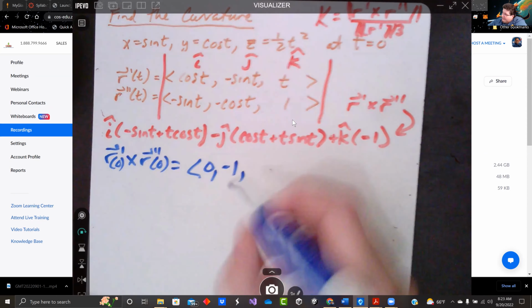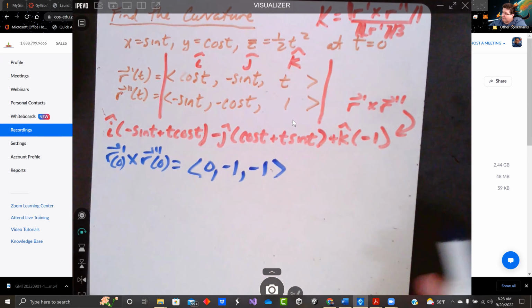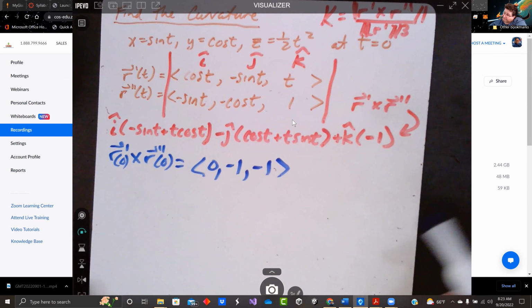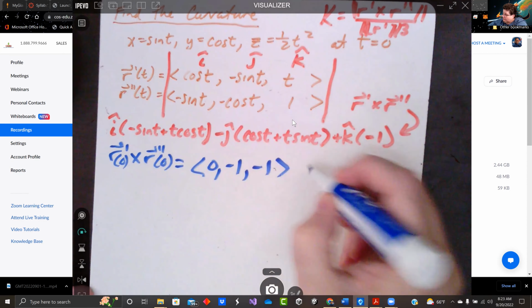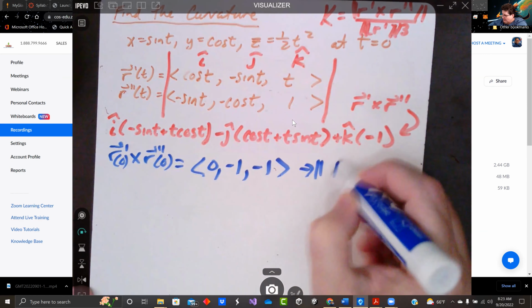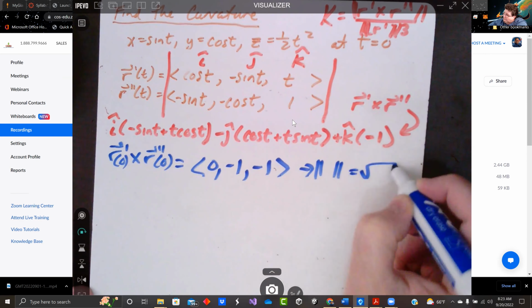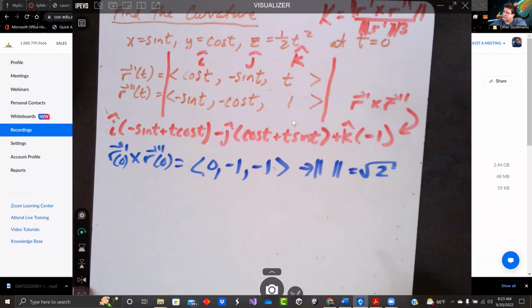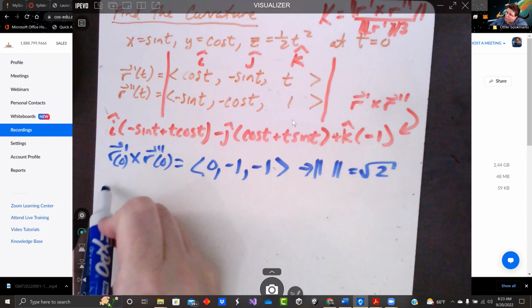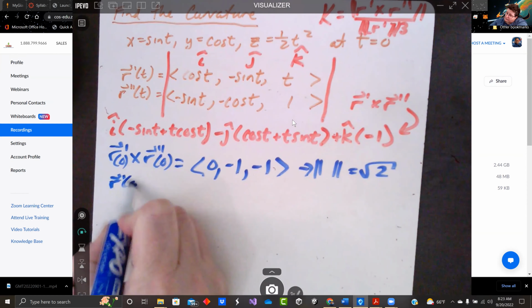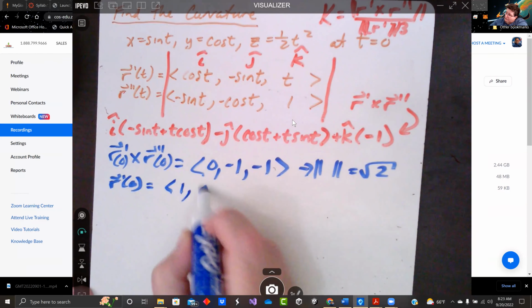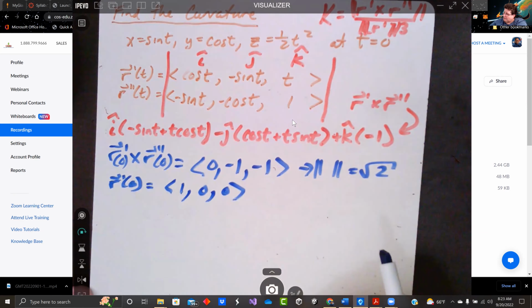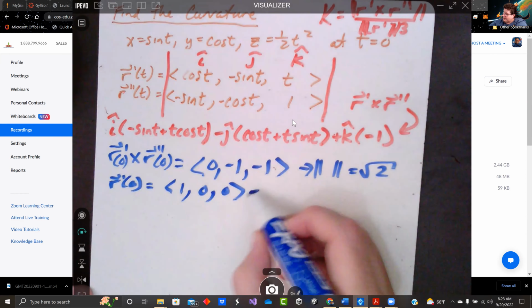And k is -1. So the magnitude of that is √2. And if we do r prime of 0, we just have 1, 0, 0. So its magnitude is 1.